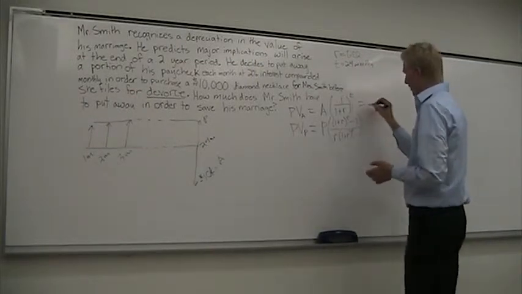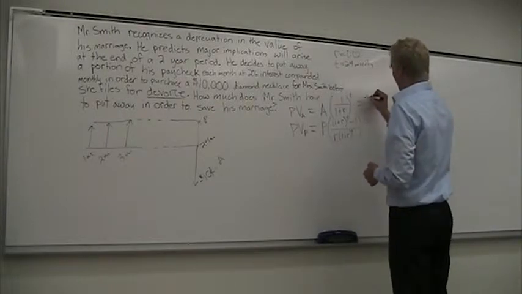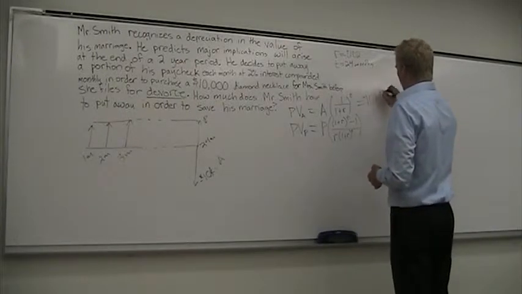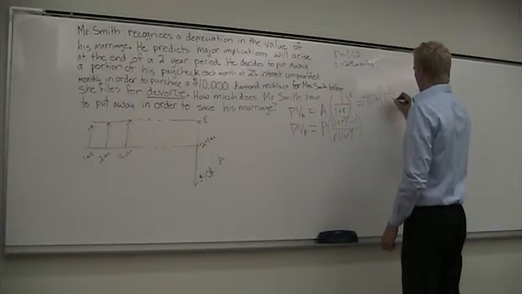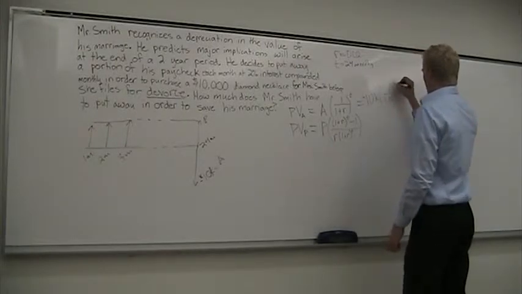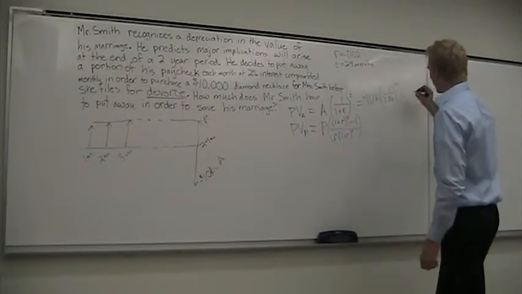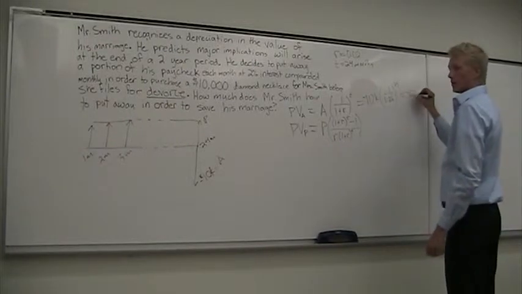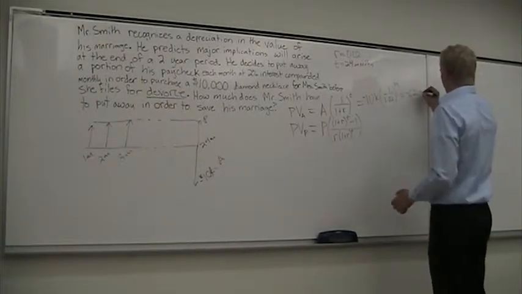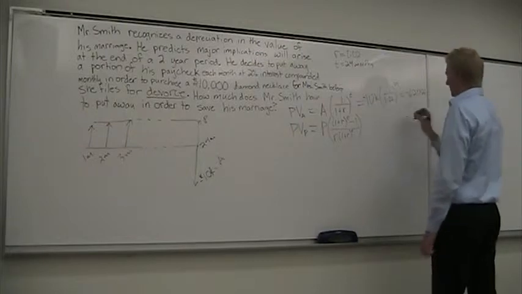Now we input these values and we get a negative 10K times 1 over 1.02, all to the 24. That value is a negative $6,217.21.